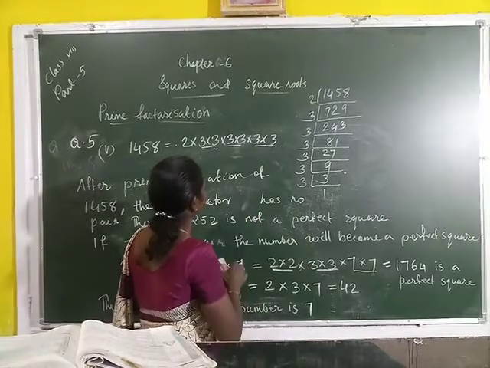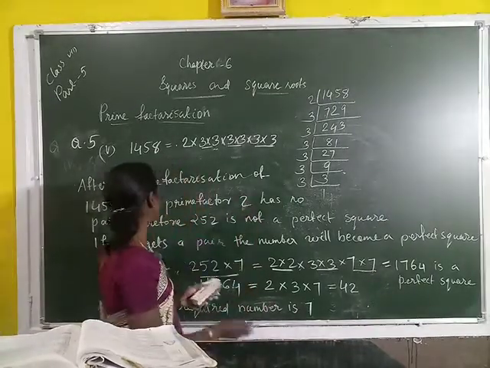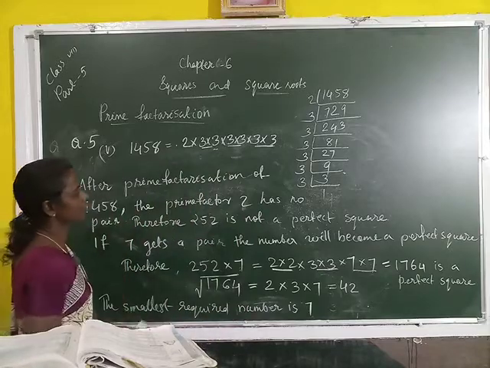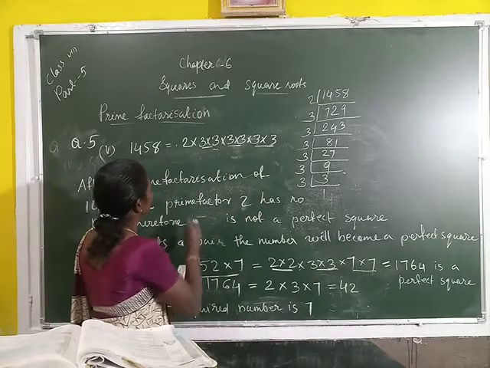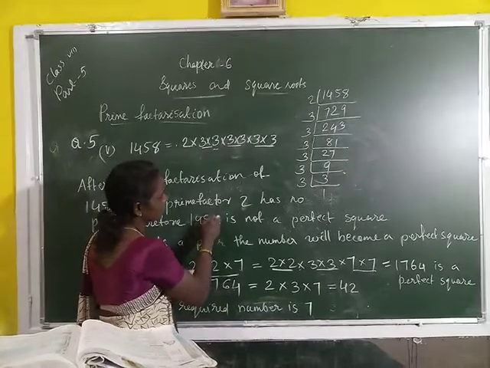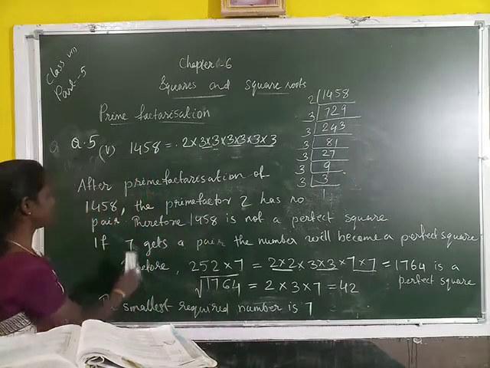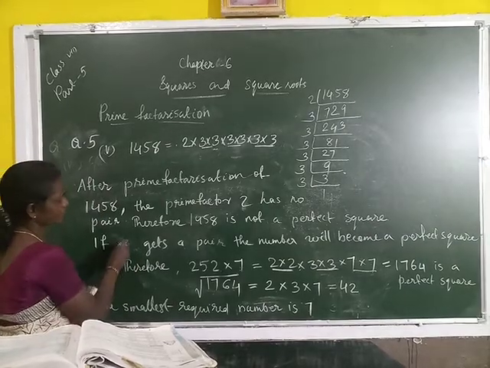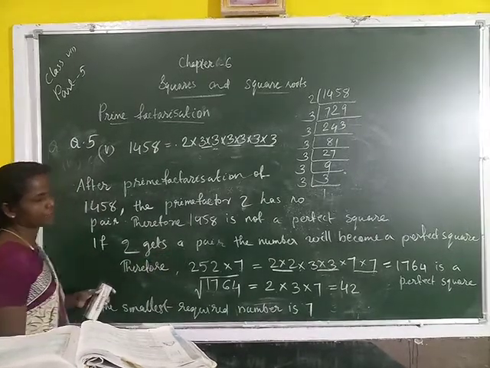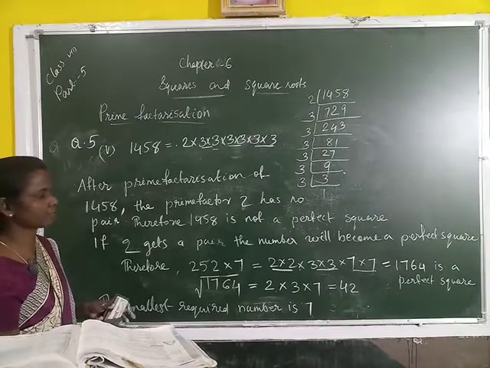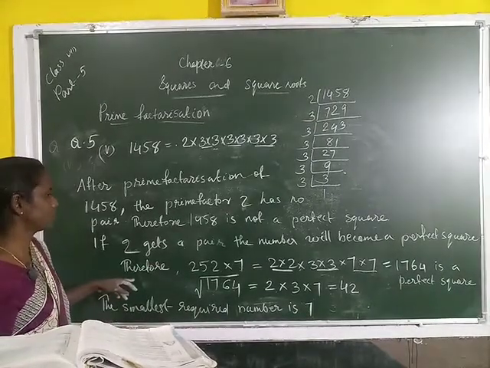The prime number 2 has no pair. Therefore 1458 is not a perfect square. If 2 gets a pair, the number will become a perfect square.